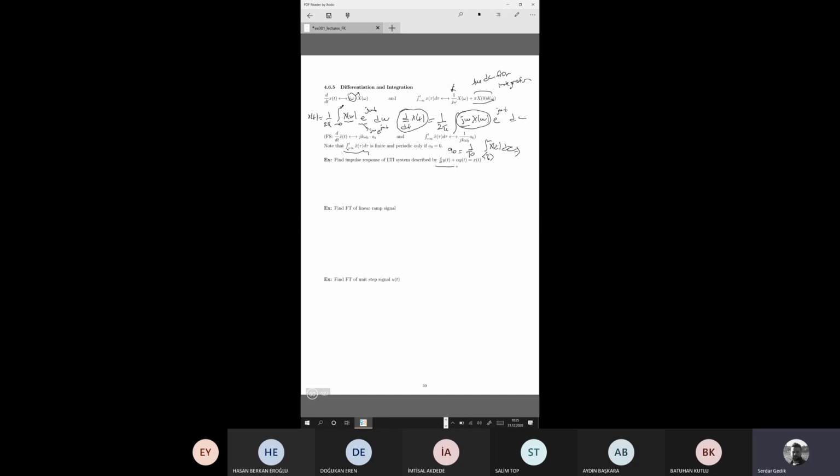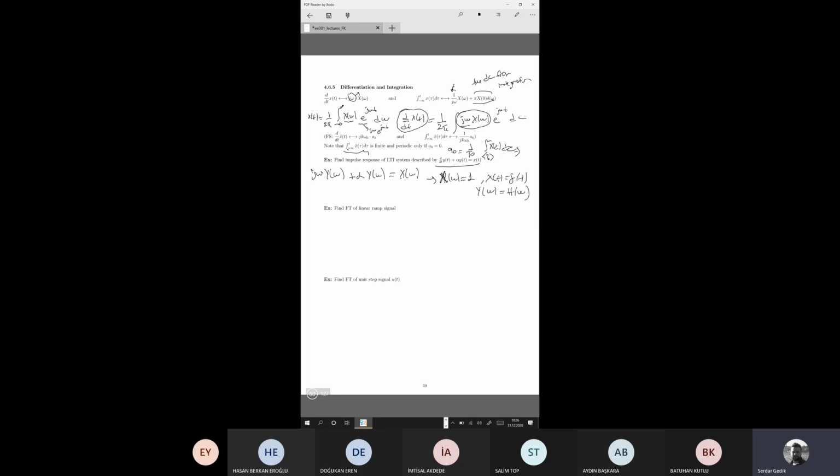First, I will take the Fourier transform of this relationship. So d by dt y t has Fourier transform j omega y omega plus alpha times y omega is equal to x of omega. So that's it. If let's say x of omega is 1, it means that x of t is delta t, then my y omega is of course the impulse response.